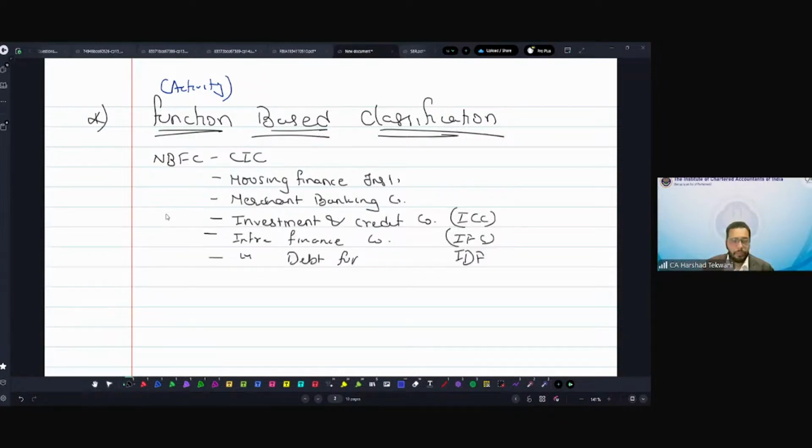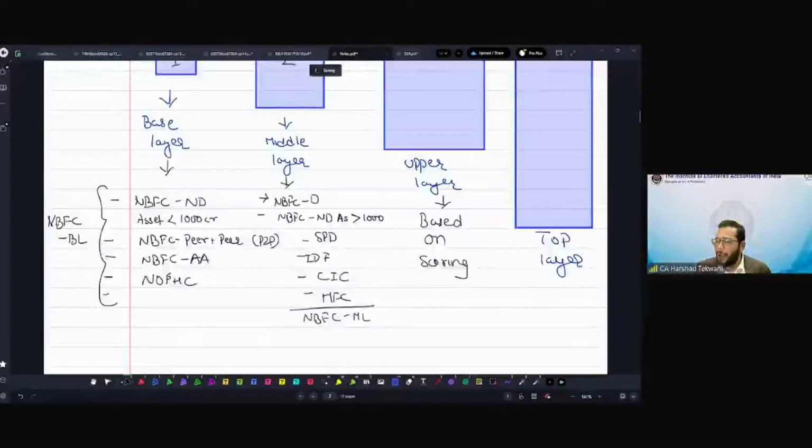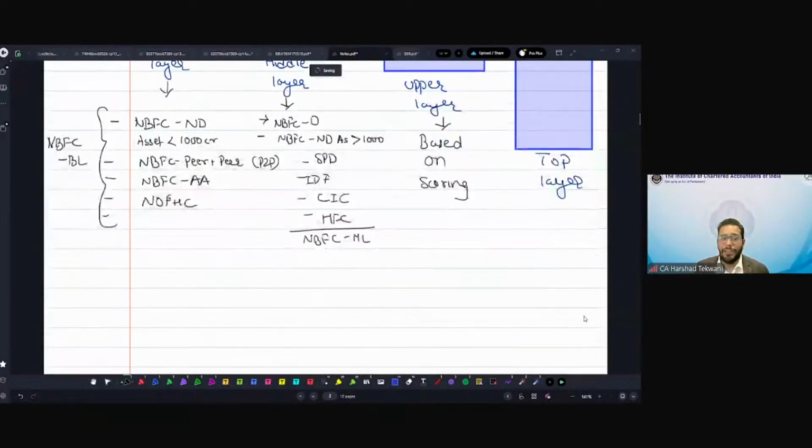Then you have MFI, microfinance institutions, which provide loans to small people. Then you have NBFC Factors. Based on some points, everything is identified on the basis of scoring.